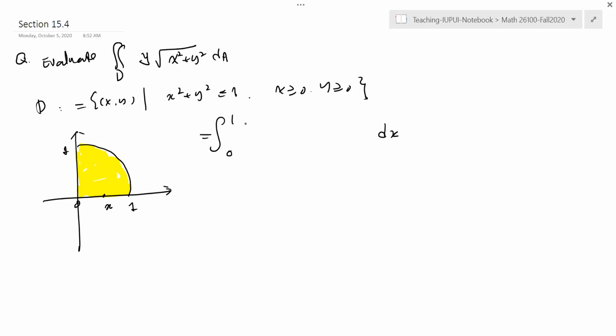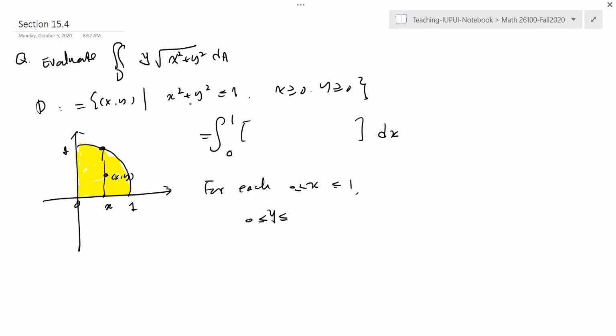And that is x. And for each x between 0 and 1, you look at the vertical line, and you see how y changes. How does y change? y is clearly between 0, and the top one depends on x. How does it depend on x?